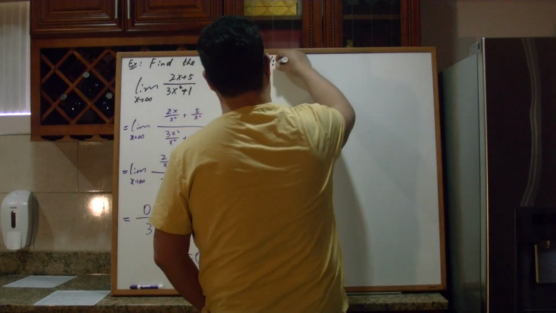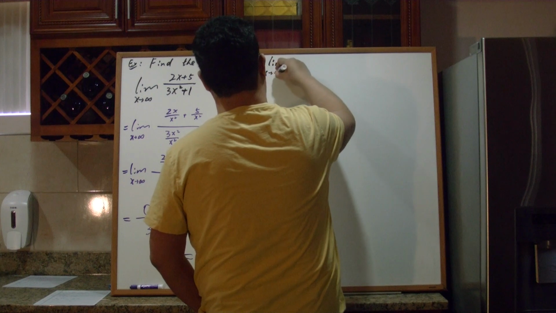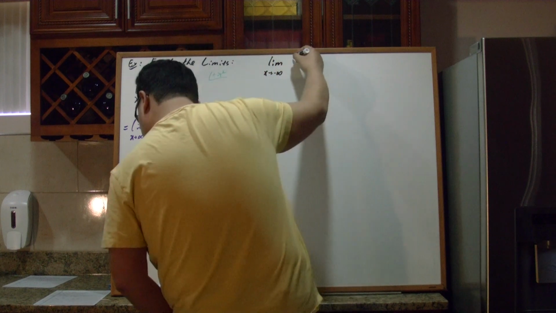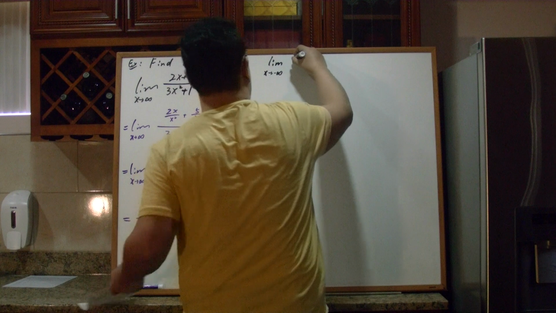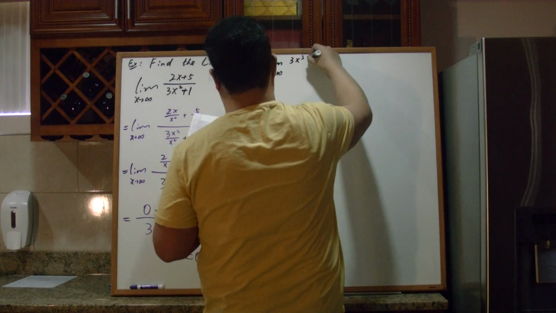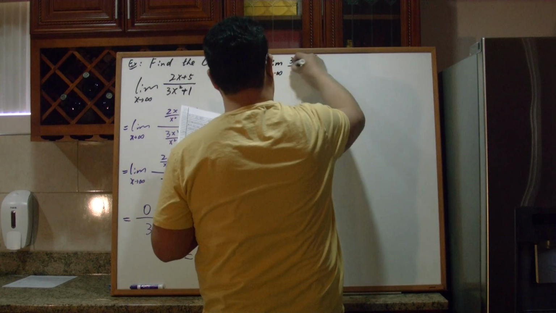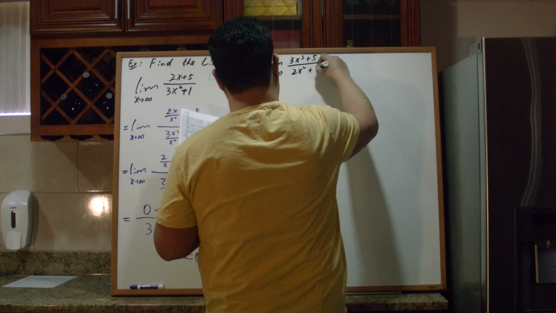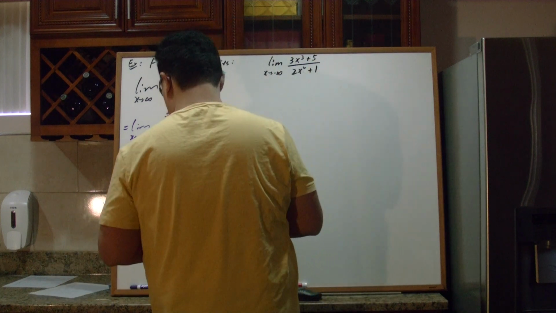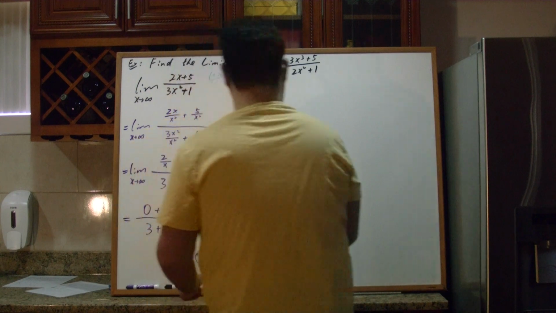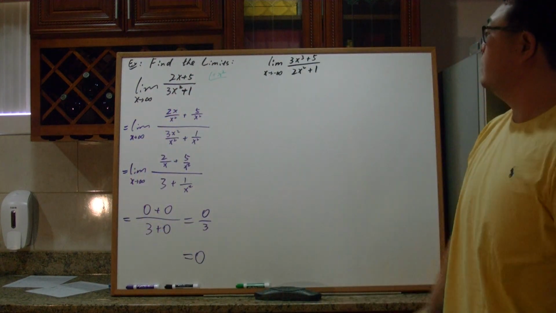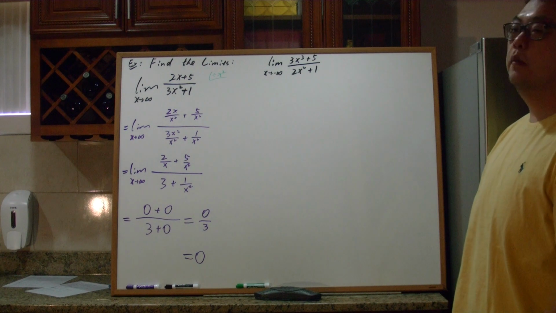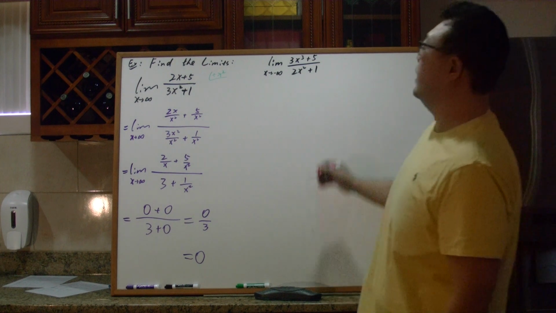And the next question may be a little trickier. It is the limit as x approaches negative infinity of 3x to the third plus 5 over 2x squared plus 1. This is our next question. Personally, I would like to divide by x to the third.